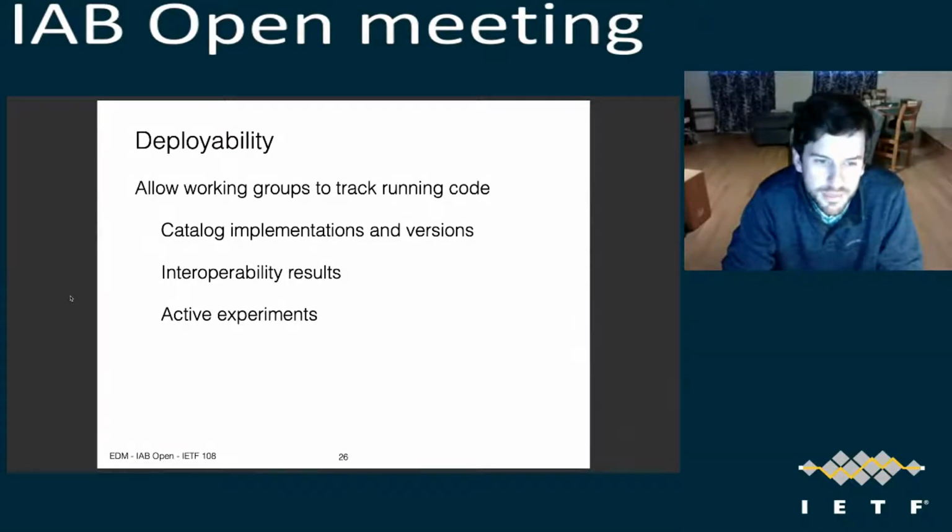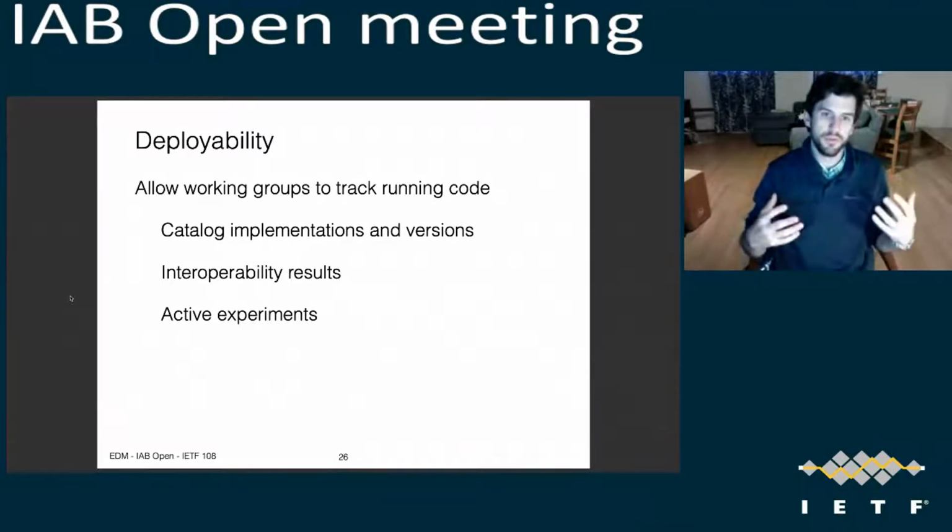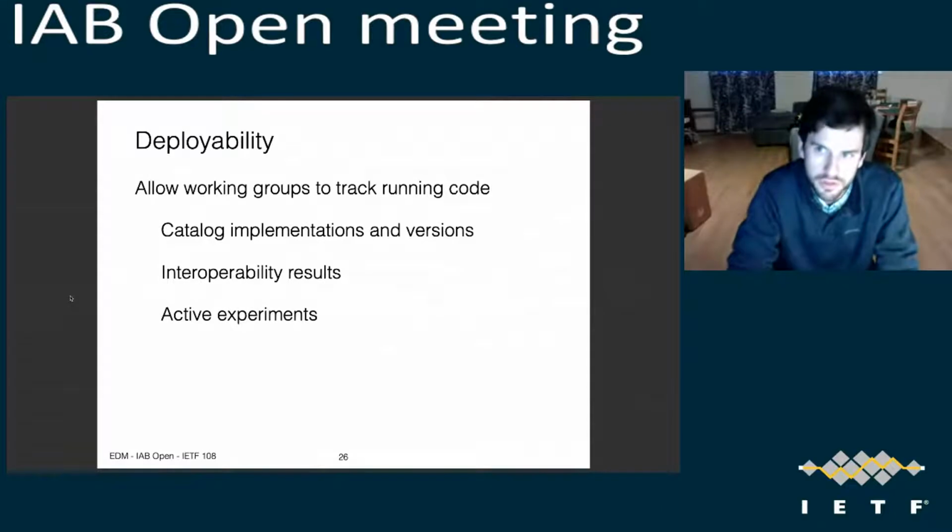So this is a lot about how we do work in our working groups and trying to see if we can come up with good recommendations for how that can improve our overall protocol deployments and architecture. Various working groups are already doing a lot of this, but there's not a standard way, and this is something that may be very beneficial for the community.